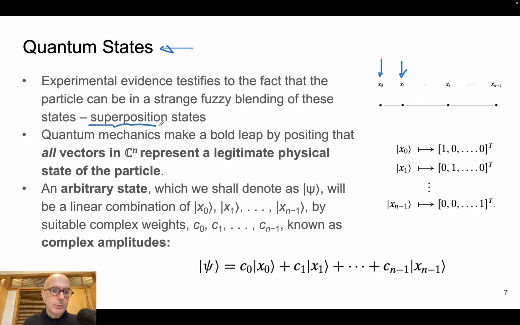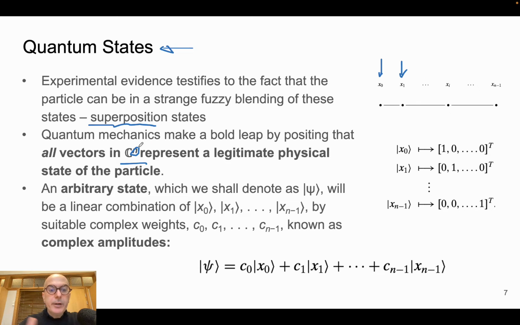What happens at the quantum state level? Quantum mechanics makes a bold leap by saying that all vectors in the complex space of dimension n represent a legitimate physical state of the particle. So we're going to use a complex vector to represent this blending of different quantum states.